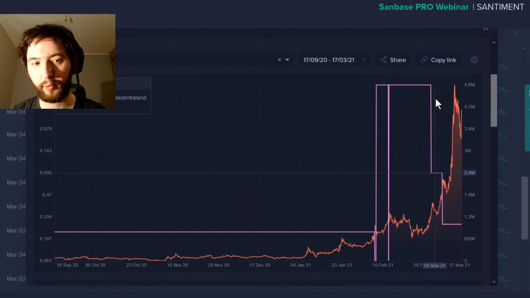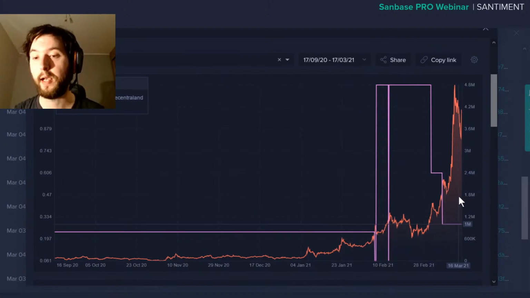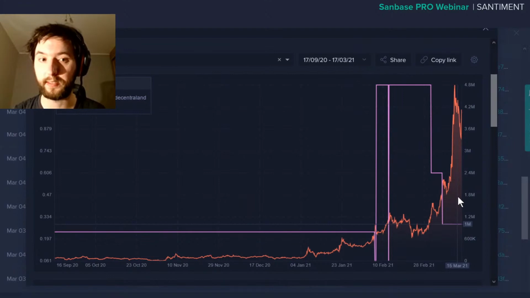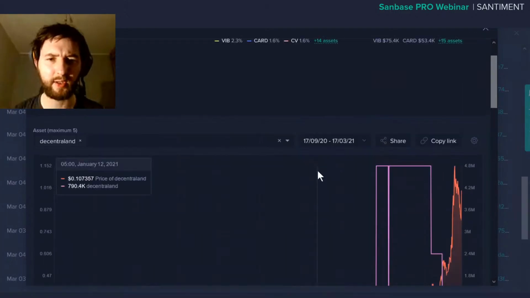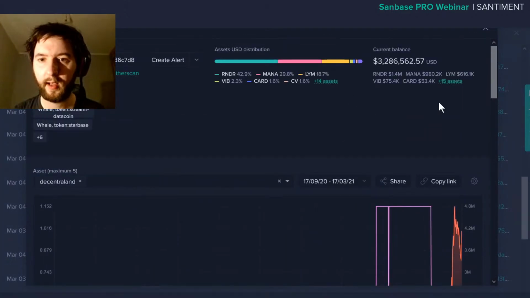So this is 4.8 to 2.4, so 2.4 million mana being moved before the local top here, and then another 1.4 million Decentraland being moved before another local top. So currently this address holds an additional 1 million Decentraland, which at this price is I think around $900,000, something like that.